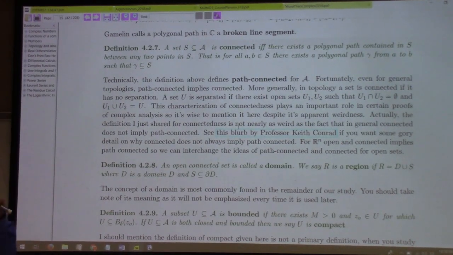It doesn't have to be the whole boundary of the domain. So a region is almost a domain. It's just got some funny stuff going on at the edges. Imagine something like this would be a region. It's got half of its boundary, not the whole thing. But if you look at the interior of that, that's an open connected set, which is a domain.